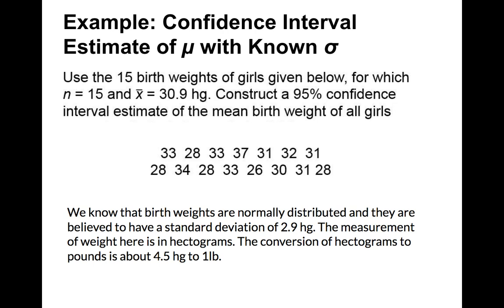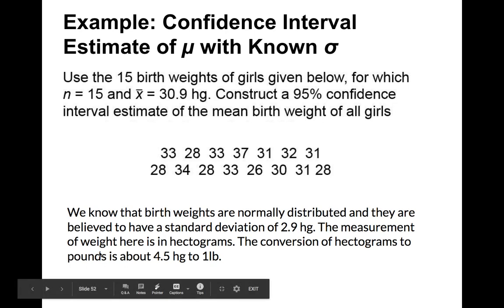If you read the statement down below, it tells you what the standard deviation of this sample is, because I'm nice and I did that for you. The measurement weight here is in hectograms. The conversion of hectograms to pounds is about 4.5 hectograms to 1 pound.